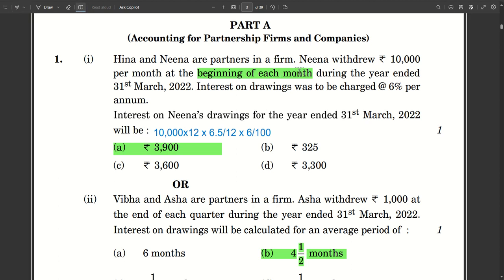This is the important part here: whenever it's the beginning of each month, we take the average period as 6.5 by 12, as you can see here. Another important part is that this is a monthly drawing of 10,000 per month, so you have to multiply by 12, don't miss that out. And then you get your answer as 3,900.